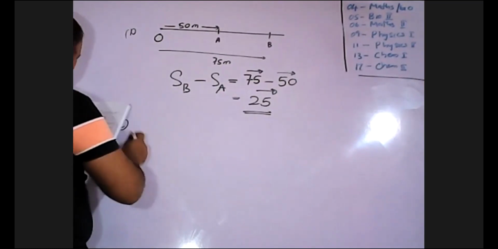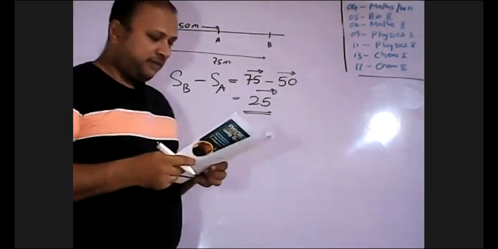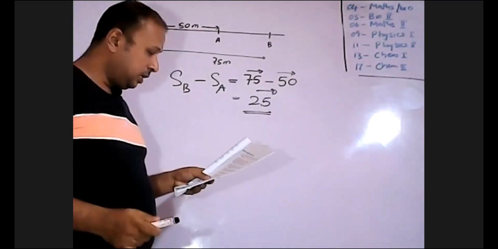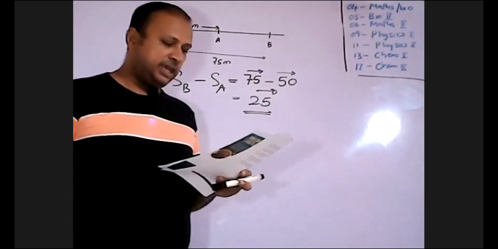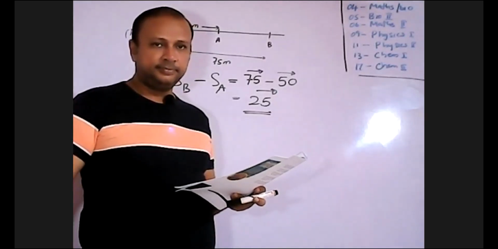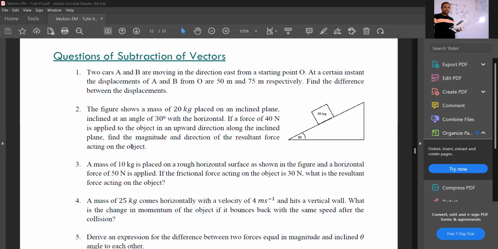The second one. This figure shows a mass of 20 kg placed on an inclined plane at an angle of 30 degree with the horizontal.